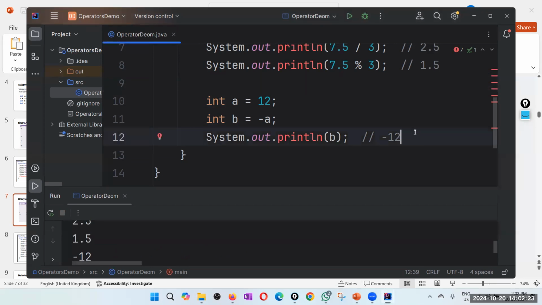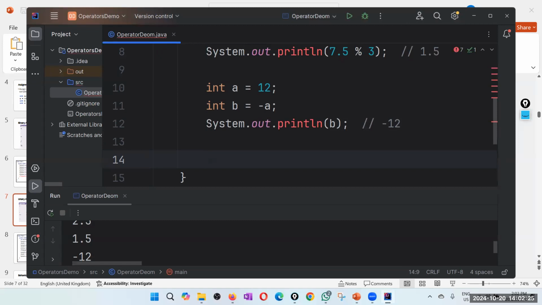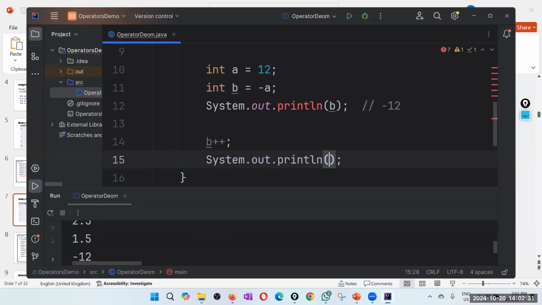Then we have the increment operator. For example, if I say b plus plus or plus plus b and S out, the increment operator will add 1. So when you add 1 to minus 12, what is the value? Minus 11. Therefore, when you print it, it will be minus 11.